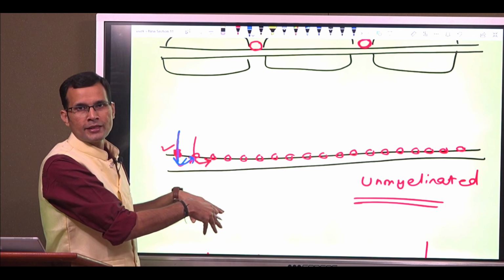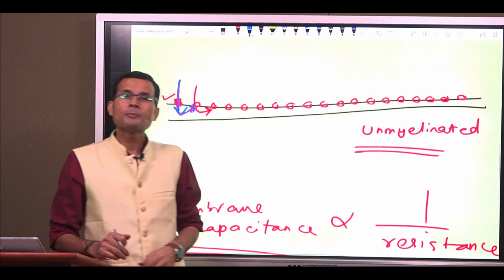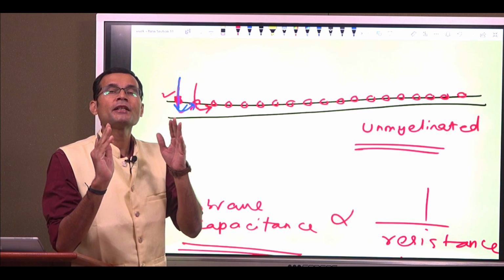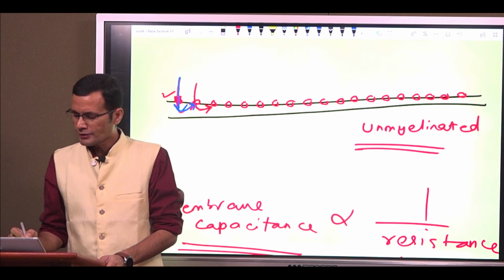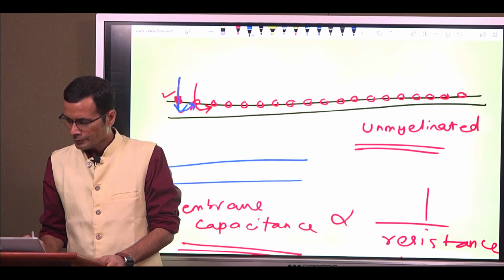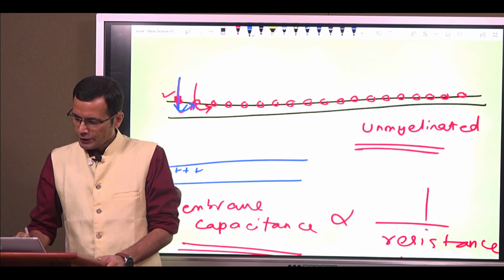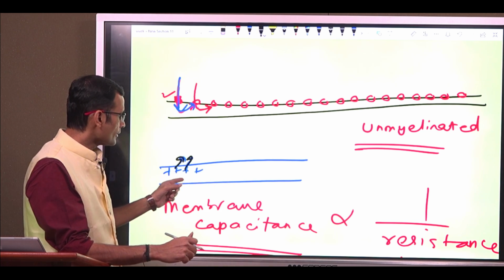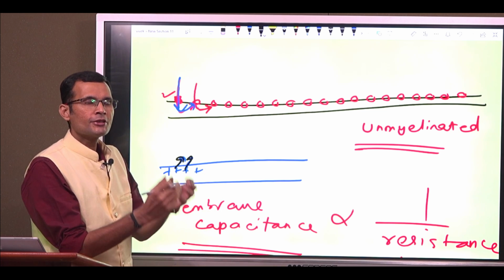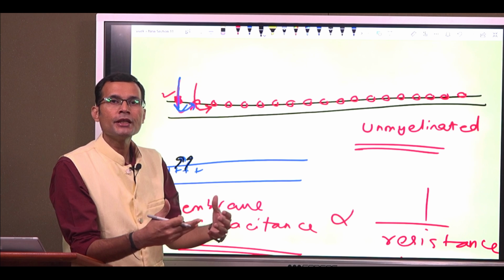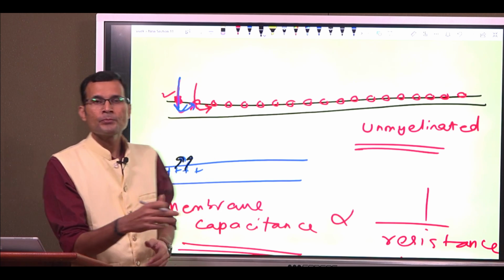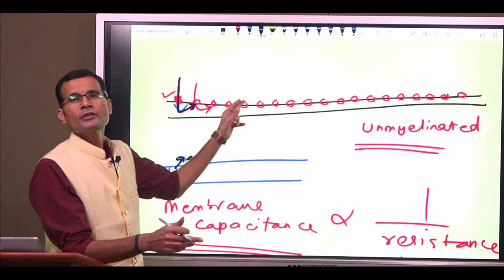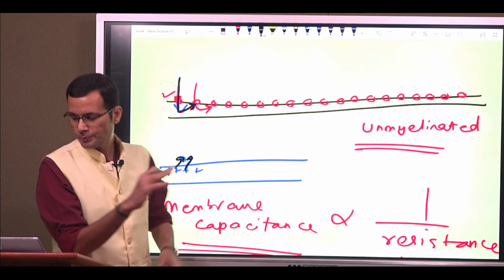So unmyelinated nerve fiber has been given this because of the so-called membrane capacitance, that the positive charges, as they start traveling, leak out of the membrane, and therefore the strength of that current will become weaker and weaker as it travels. So, in unmyelinated nerve fiber, the charges just have to go to the adjacent point.